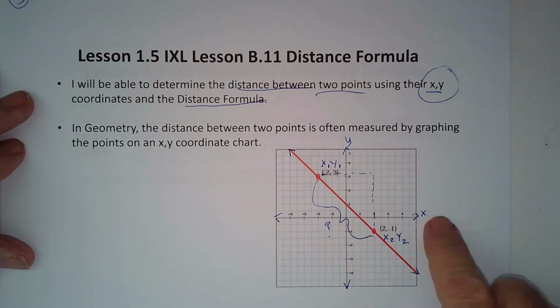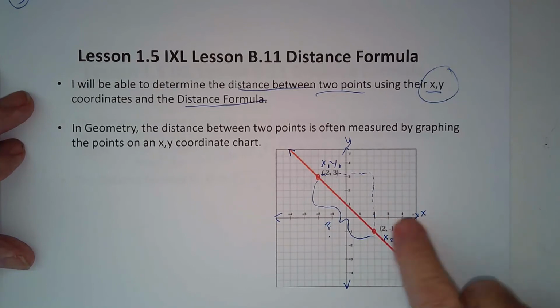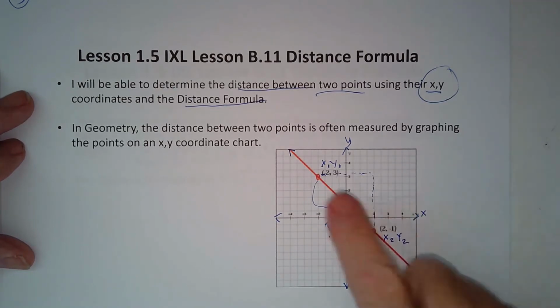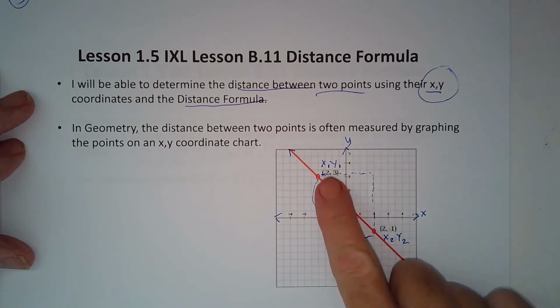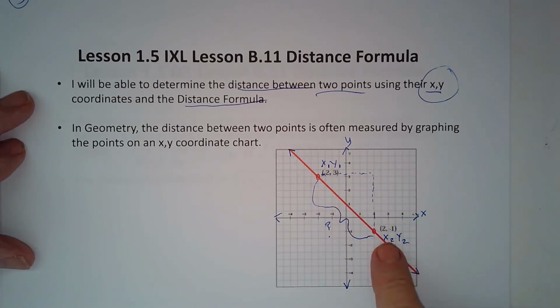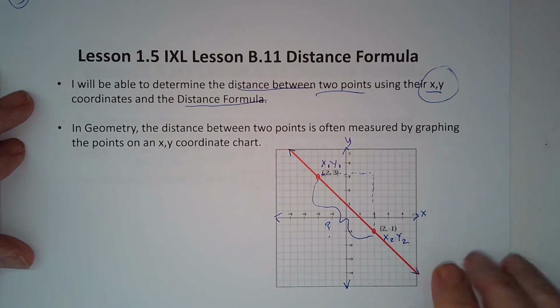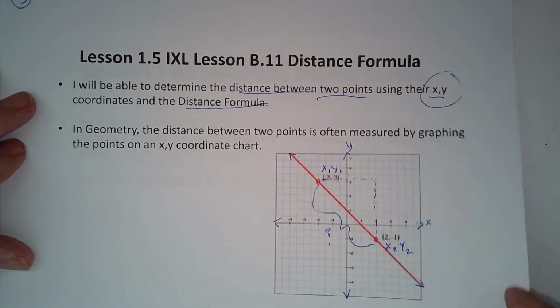If you had a horizontal line, you could do the same using the x-axis. But here, this line is sloped. So the only way you're going to solve that length issue is by using the distance formula.